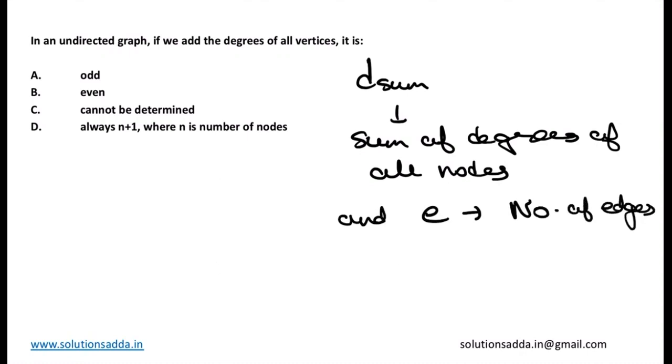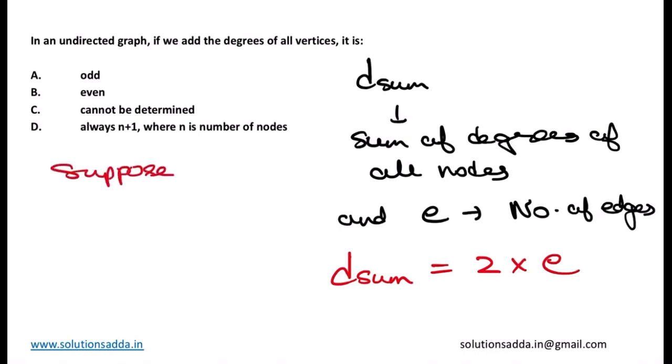Then the sum of degrees of all nodes, that is d sum, is equal to 2 into e, twice the number of edges. Now suppose if e is even, then twice into even is even.